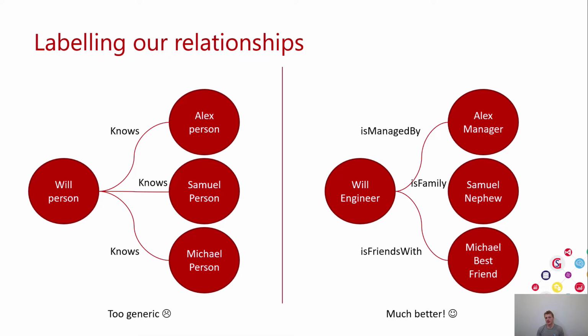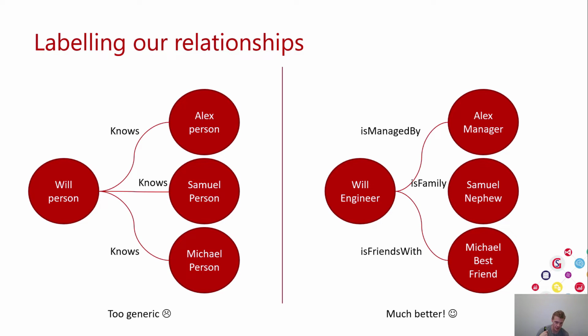From this we might be able to deduce that I know someone called Alex, I know someone called Samuel, I know someone called Michael, but we're not being descriptive enough when labeling our relationships. While we might be able to make an inference on how I know these people, or at least know that I know these people, we don't know the exact nature of this relationship.